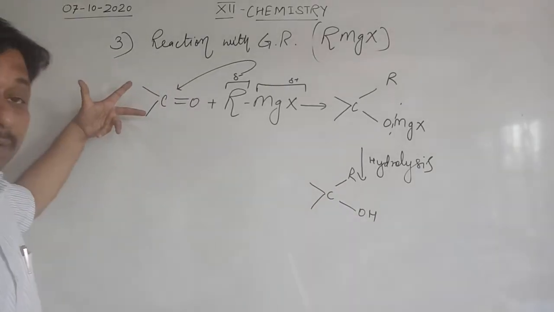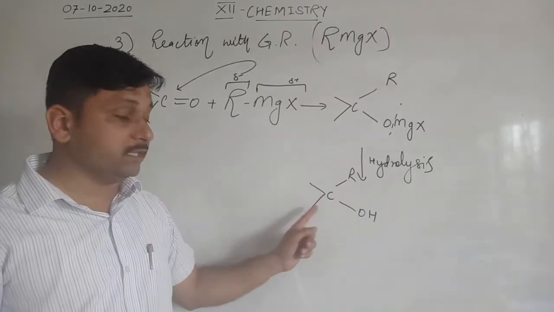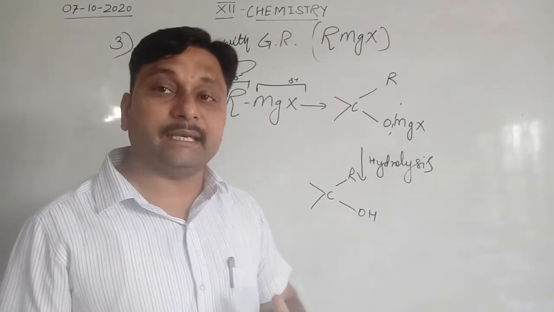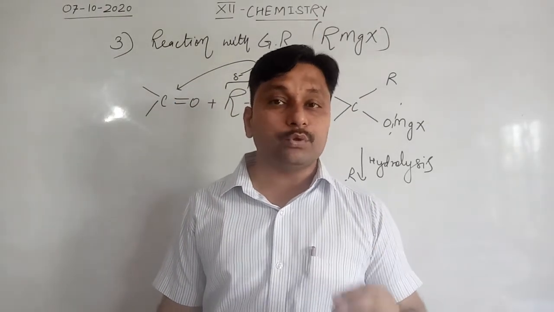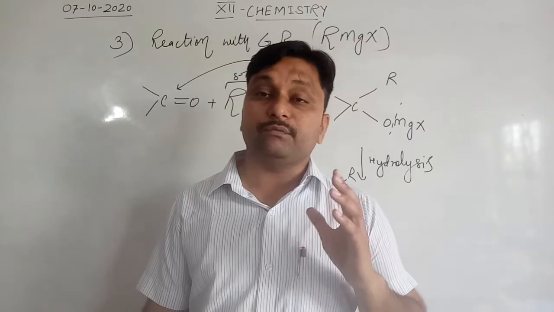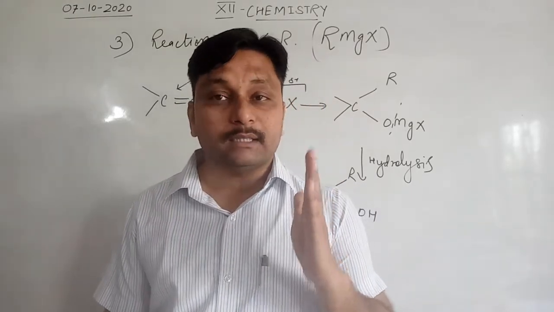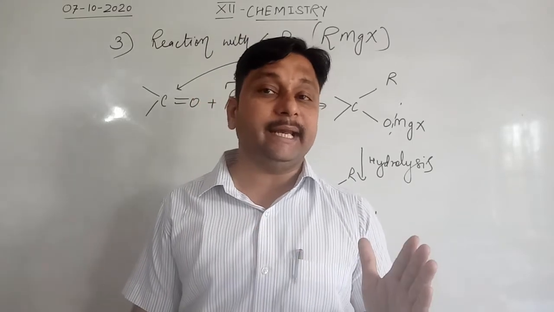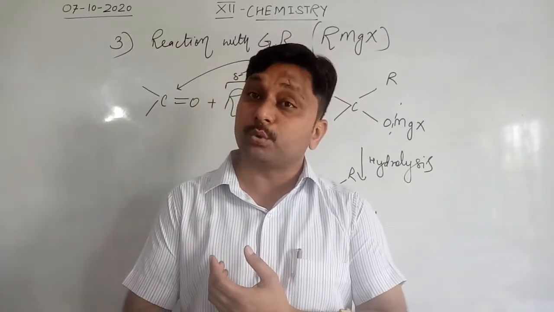If there is only formaldehyde, meaning HH, then it will form RCH2OH. So simply we can say, for the formation of primary alcohol, we use formaldehyde. For the formation of secondary alcohol, we use aldehydes other than formaldehyde, meaning any of the aldehydes. Clear? For the formation of tertiary alcohol, we use ketones.